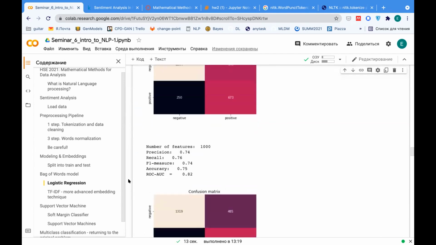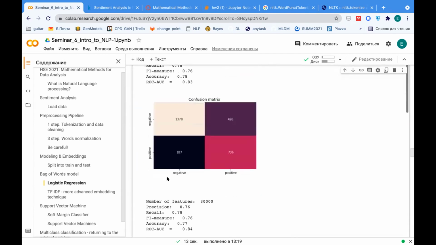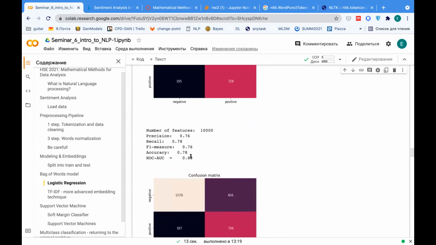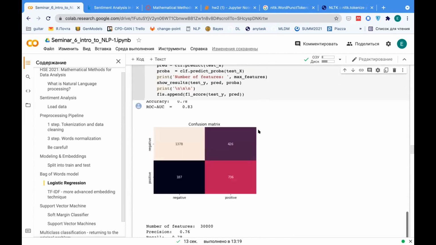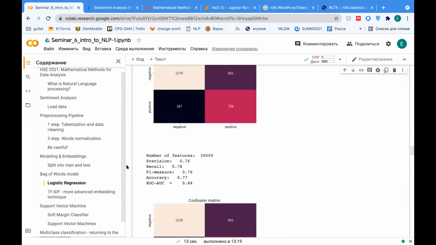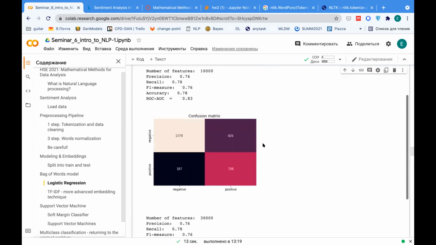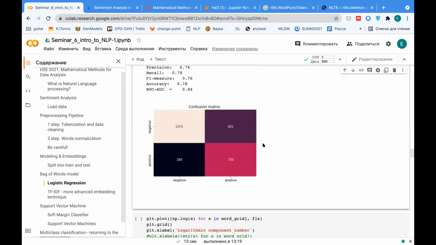But if we use, for example, words like this, we have a much better result. So we have a better ROC AUC, F1 measure, and so on than what we had. If we use a bit more words, we can see that results are not very different. So I guess it's too much.